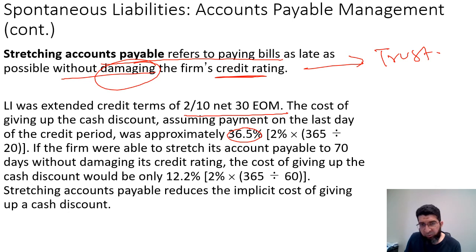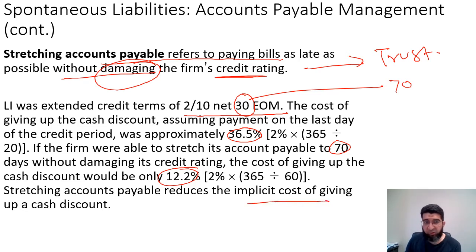If the firm were able to stretch its accounts payable to 70 days without damaging its credit rating, the cost of giving up the cash discount is 12.2%, which means if beyond the set 30 days time limit it goes to 70 days, the cost starts falling down, and it reduces the implicit cost of giving up a cash discount.